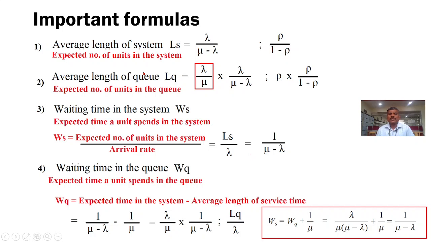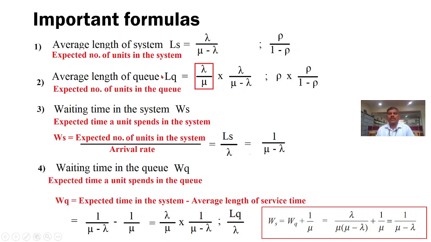We need this to solve the A subdivision. Then we have been asked to identify the waiting time in the system, which is given by the notation Ws, and the formula is 1 by mu minus lambda. Then the C subdivision is waiting time in the queue, which is given by WQ.